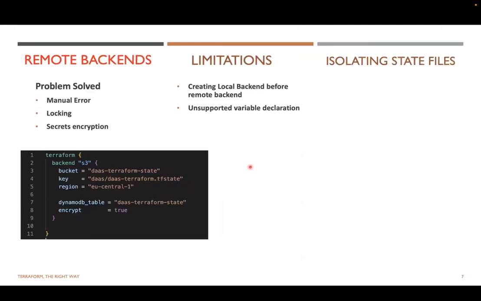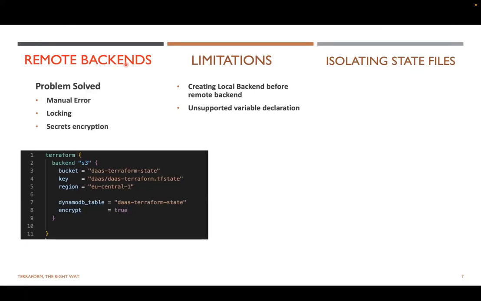Now, remember in the beginning, I was talking about some problems that we have, right? I was talking about the problem of shared storage. Now, remote backend has helped us to solve the problem of shared storage. You remember, right? Because everything is in the cloud and people can always initialize the same backend.